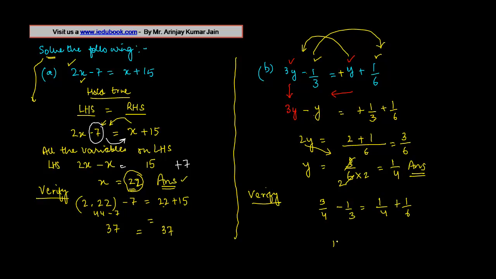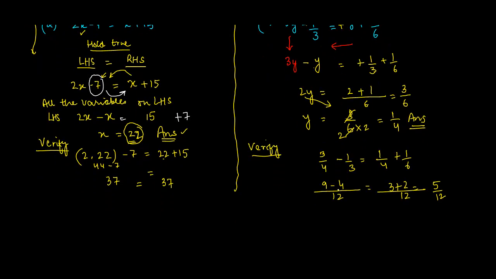Let's take the LCM of 4 and 3, it is 12. 12 divided by 4 is 3, 3 into 3 is 9, minus 12 divided by 3 is 4, 4 into 1 is 4, is equal to the right side. Again the LCM is 12. 12 divided by 4 is 3 into 1 is 3, plus 12 divided by 6 is 2 into 1 is 2. So 5 upon 12. If you notice, 9 minus 4 is 5 divided by 12.